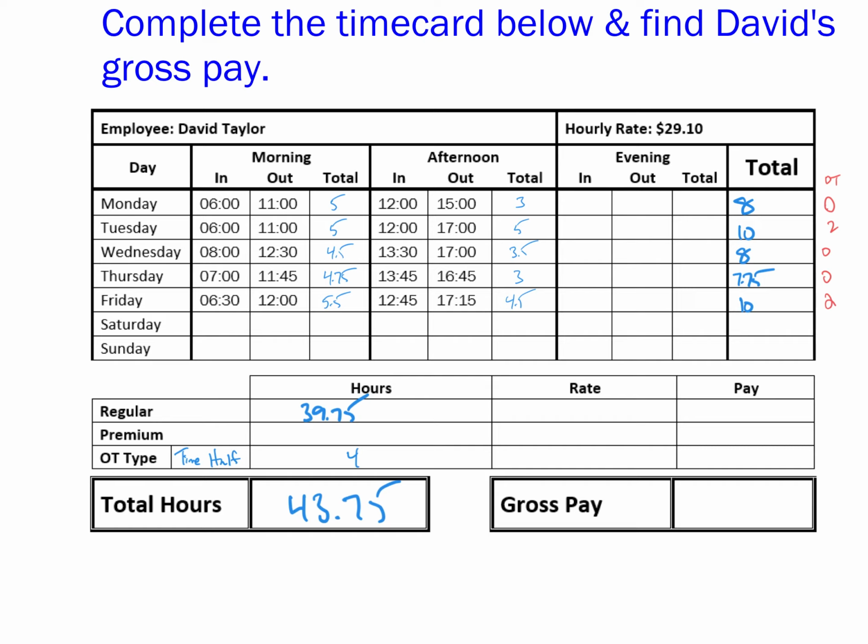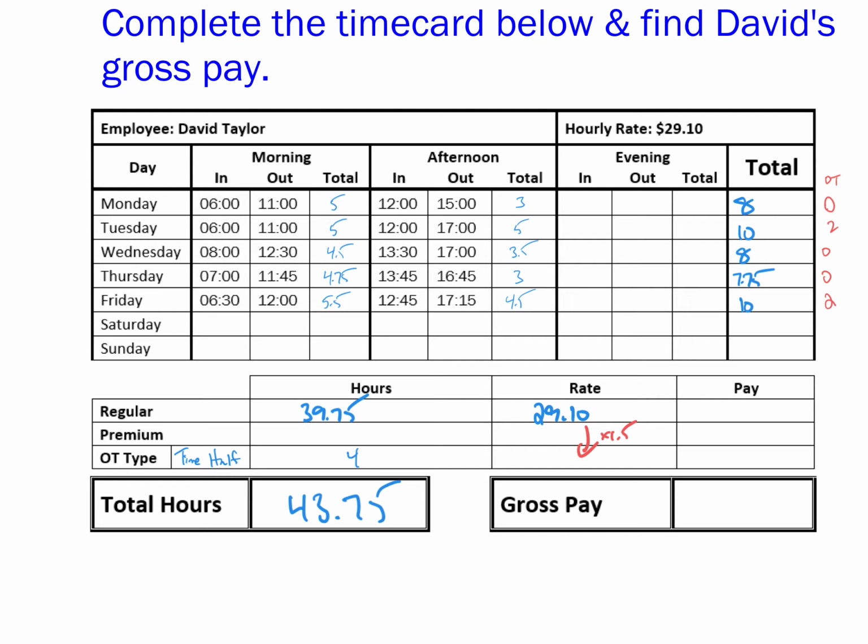So that's the number of regular hours. Now the regular rate is $29.10. And to figure out what the overtime rate is, we're going to multiply that by 1.5.